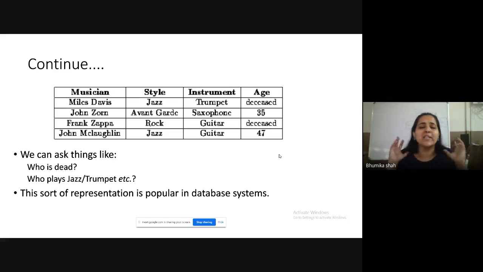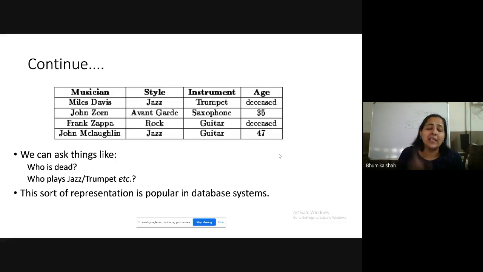So the object or entity we are talking about is musician. So different musicians' names are written in separate rows to indicate different objects or entities, and their qualities which define them, which describe them, are written as separate columns: style, instrument, age, etc. For example, if I'm talking about students, then I can have a student as the name of the table.